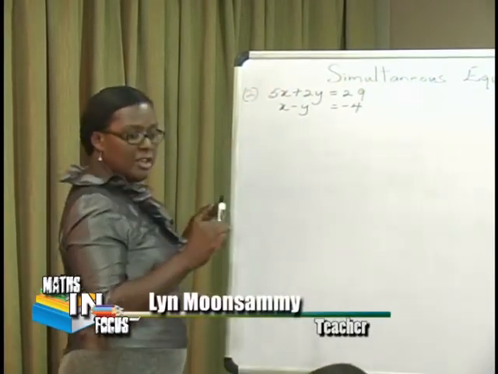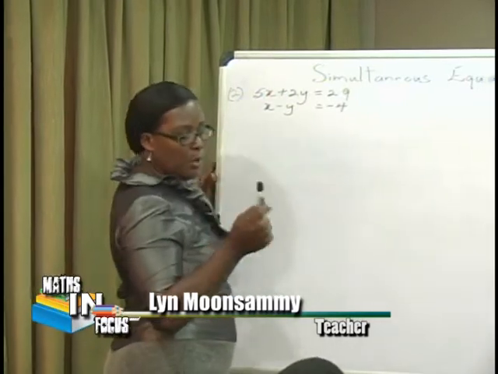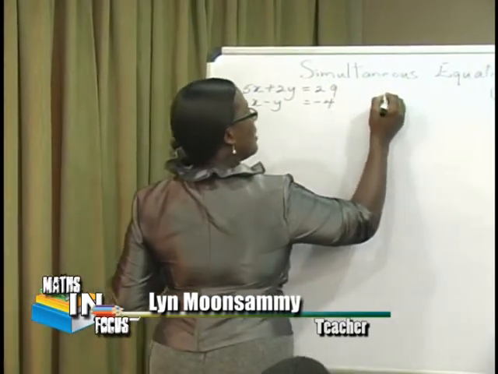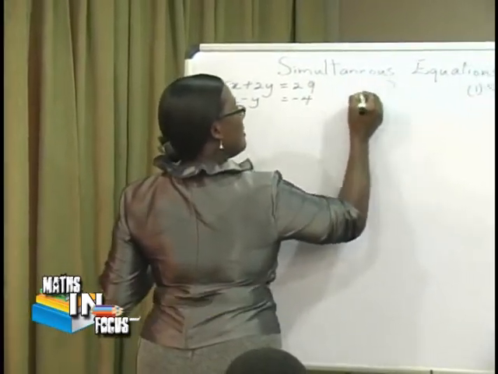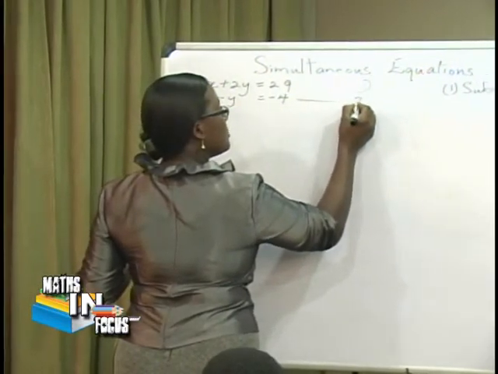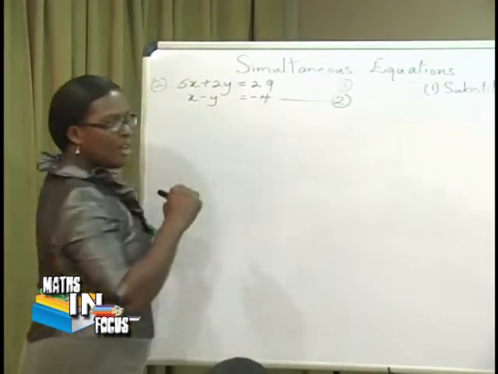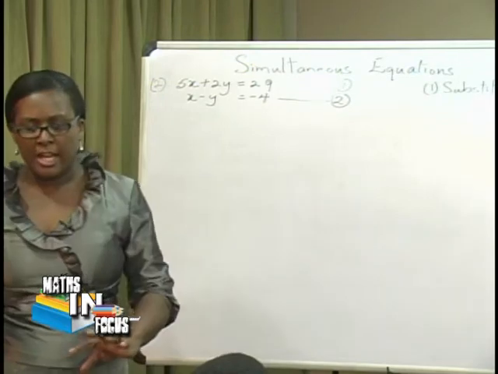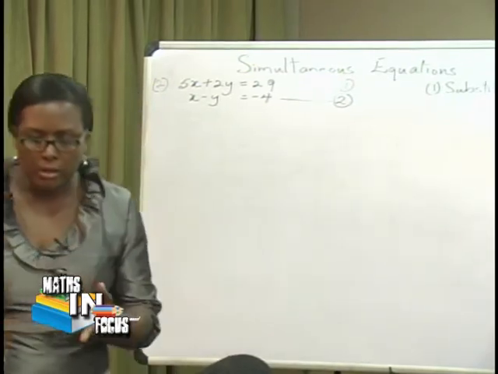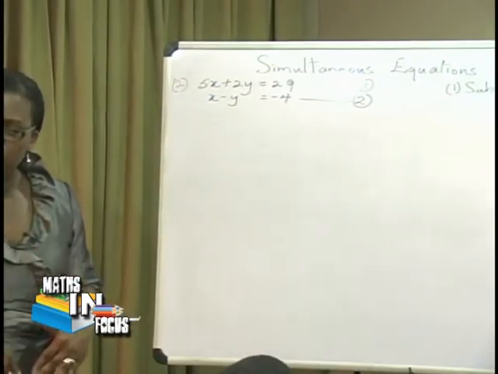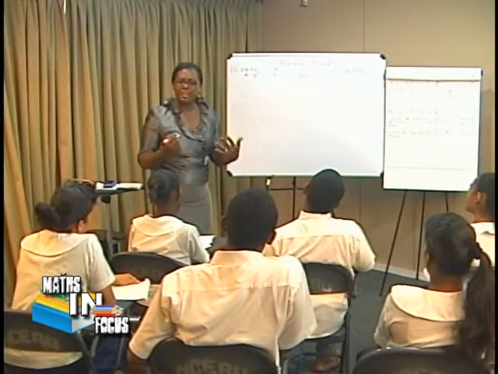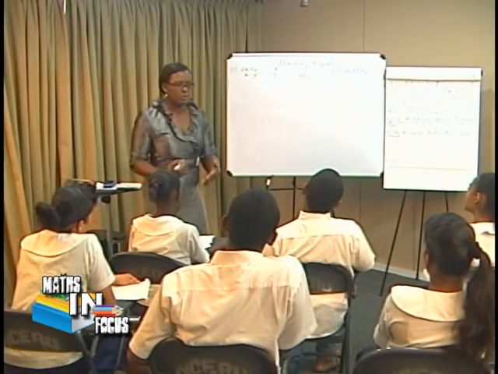Now the first thing you should do is to name your equations. What do we call this one? Equation 1. Equation 2. Then you ask yourself, should I use equation 1 or equation 2, and which variable should I choose?